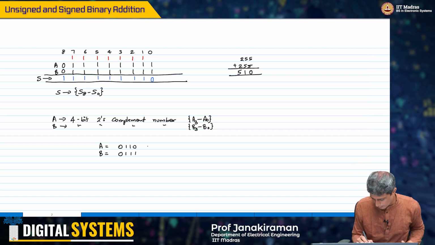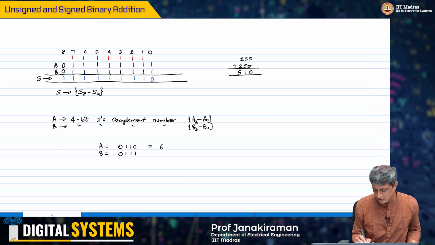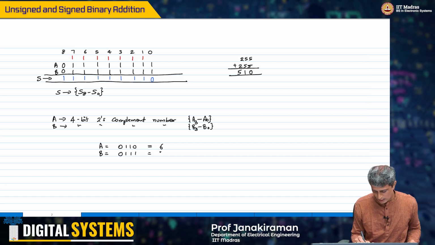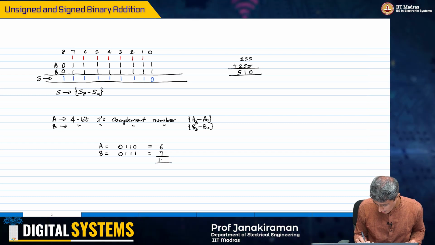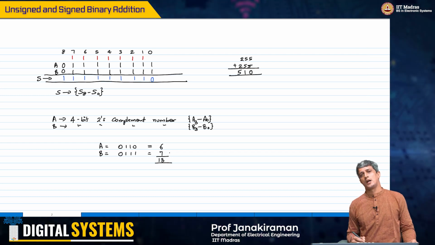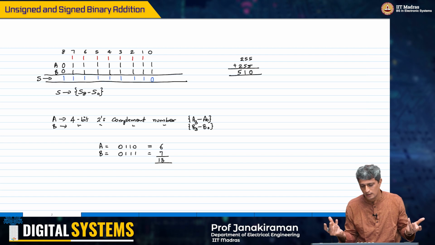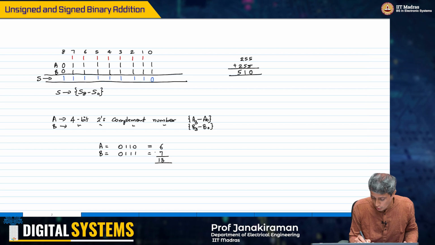Okay, so what is this number in 2's complement representation? It is 6, and this is 7, and 6 plus 7 is going to be 13. Now if you want to represent 13, then you obviously need an extra bit in 2's complement representation, because I need the answer to be plus 13 here, by the way.